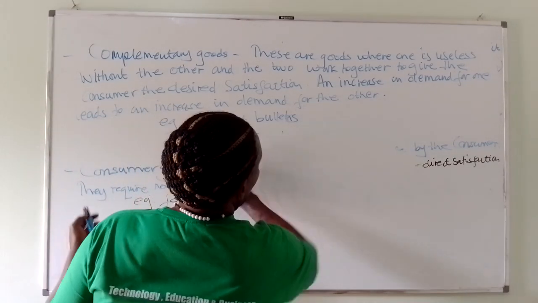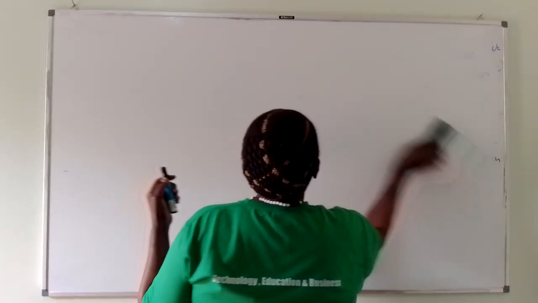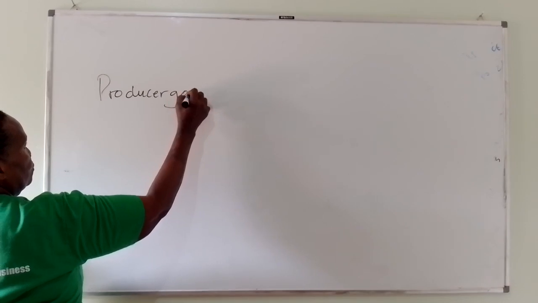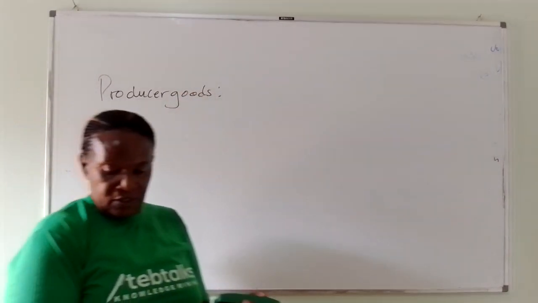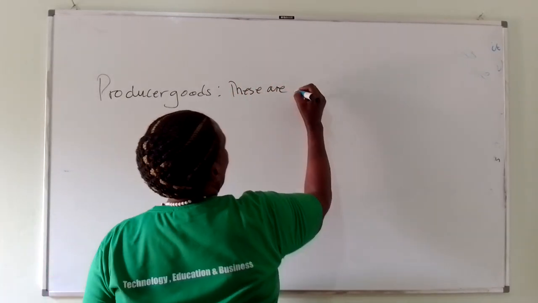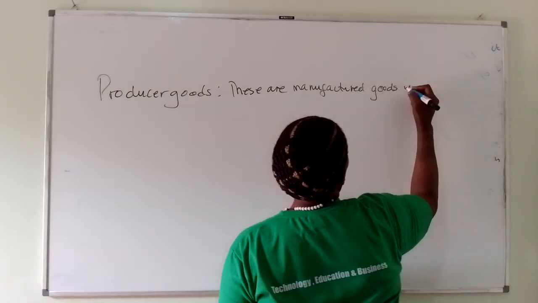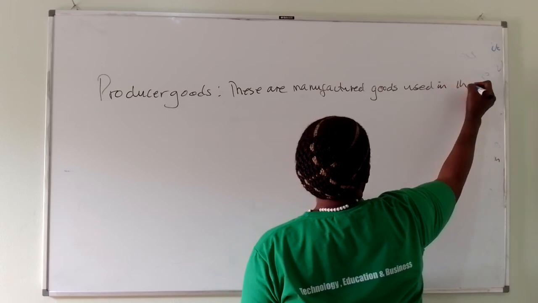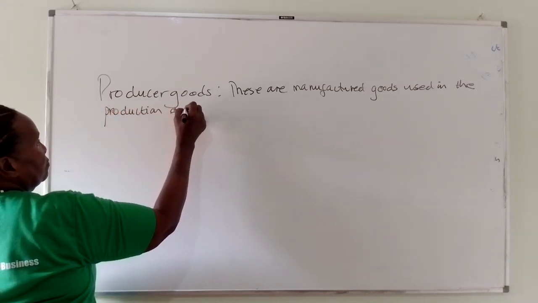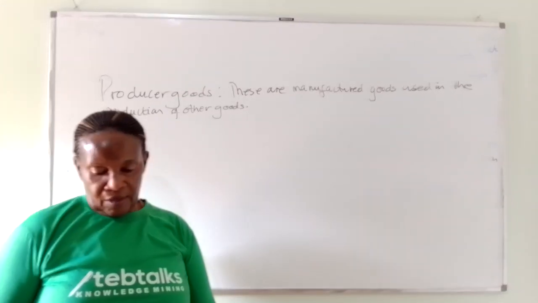And if a good is not a consumer good, then that brings us to another type of good, which are producer goods. These are goods which are manufactured and used in the production of other goods.